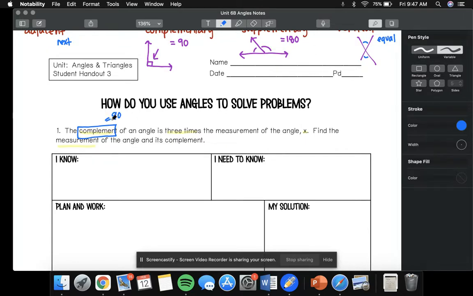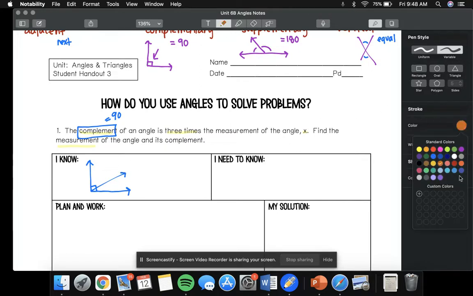For those that are visual people, okay, I'm gonna draw a 90-degree angle, and I'm gonna draw 2 different angles. Now these are not drawn to scale, but it's just a good reference. So the complement, or what makes it 90 degrees, of one angle is 3 times the measurement of the angle. So we have this little angle right here, okay?